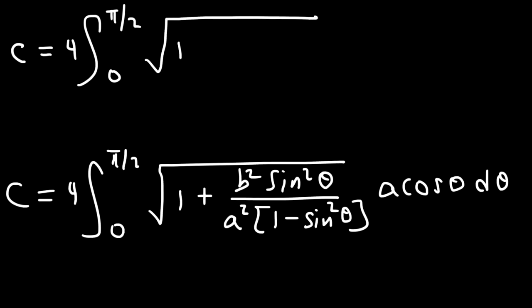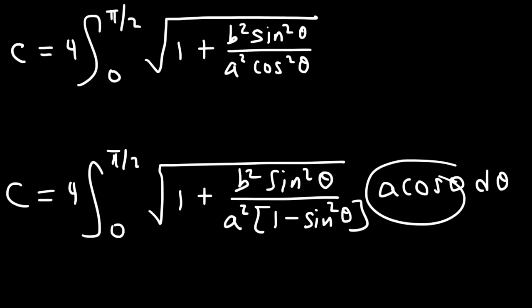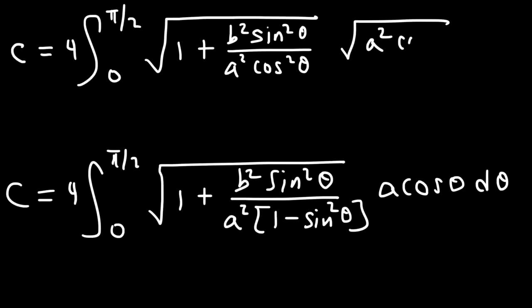Now we can replace 1 minus sine squared theta with cosine squared theta. So we're going to have a squared times cosine squared theta. And then a cosine theta, that's the same as the square root of a squared cosine squared theta.